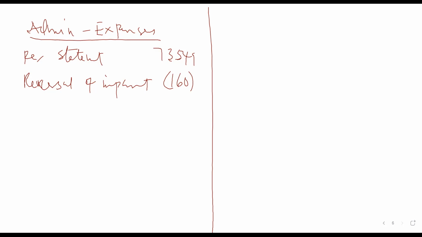So on 1st September 2008, we bought this on 1st September. After 29 or 30 days, we are preparing our financial statements. So let's count the workings 3.